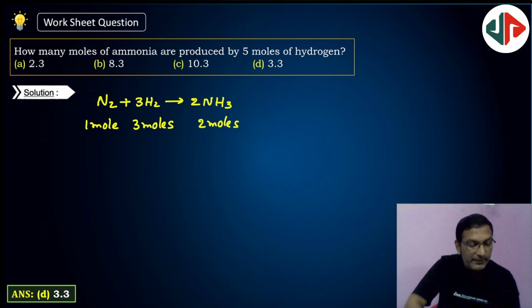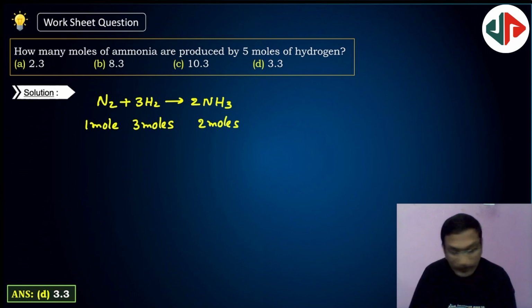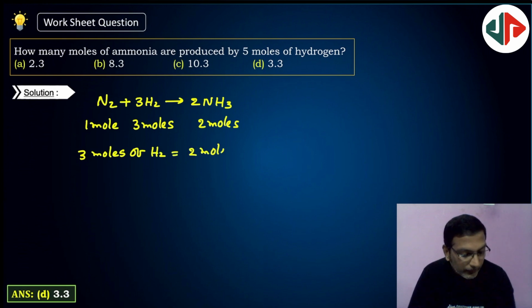The relation between ammonia and hydrogen: here 3 moles of hydrogen equal 2 moles of NH3 according to the equation. But here we have to find how many moles of NH3 are produced by using 5 moles of hydrogen.